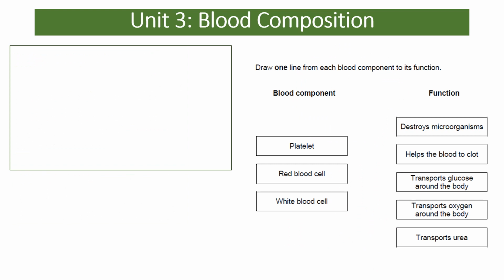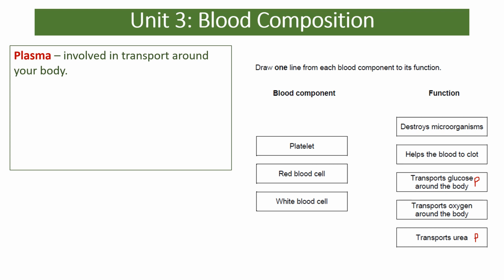Well, you could have a question like the one I showed you earlier, and you just need to have in your head that plasma involves transporting substances around your body. An example from the next question in this exam was that glucose would be transported by plasma, and urea has to be transported in the blood as well.